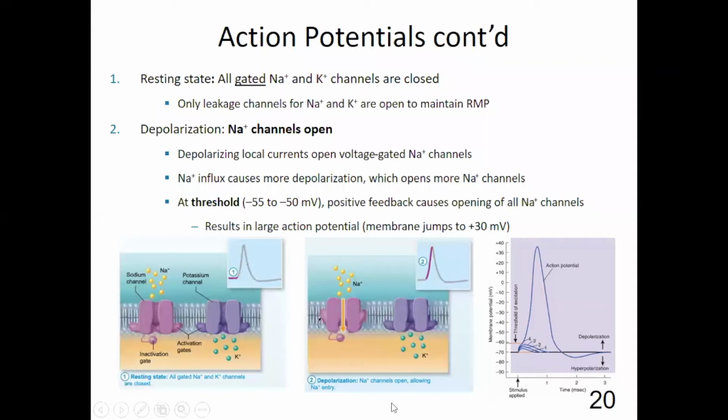In the second phase of the action potential, we see the depolarization. The cell membrane potential becomes less and less negative and actually even becomes slightly positive. This upward deflection of the membrane potential is caused by voltage-gated sodium channels opening. So on the previous slide, I mentioned this threshold for depolarization right here around minus 60 millivolts.